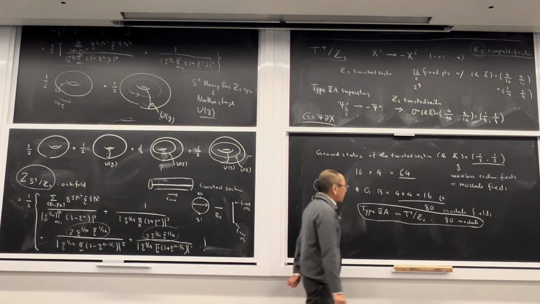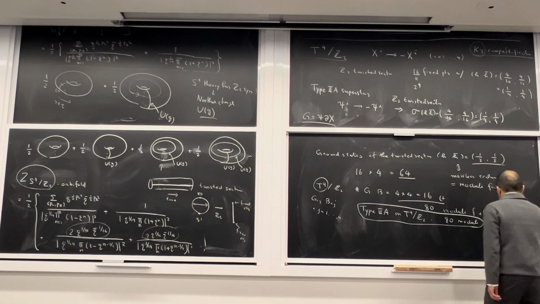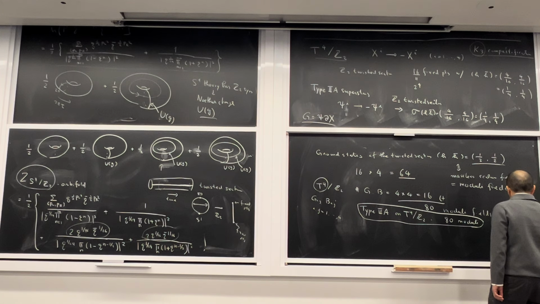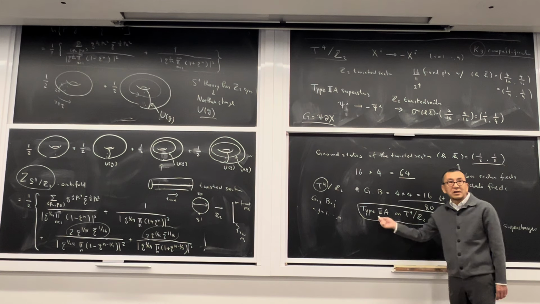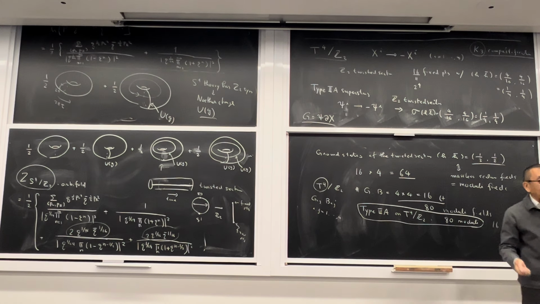Now, this theory has 16 supercharges, because originally the type 2A theory has 32 supercharges, but the Z2 action breaks half, so you have 16 supercharges.